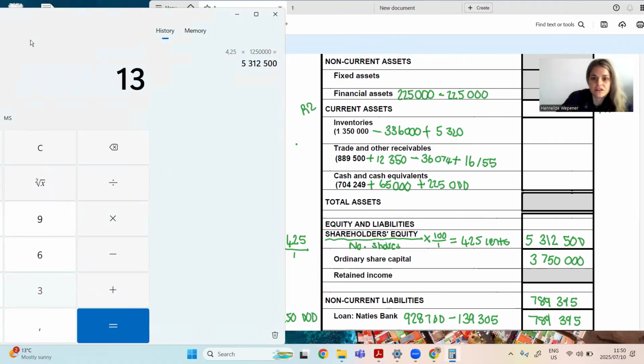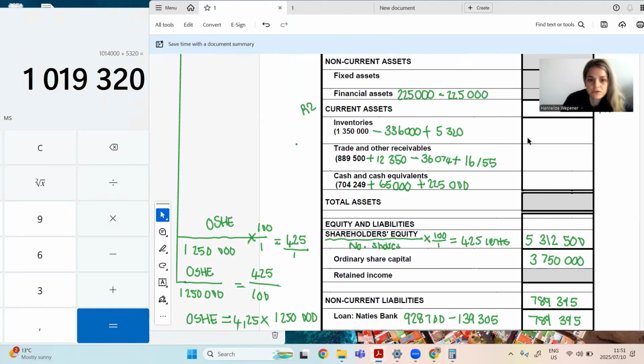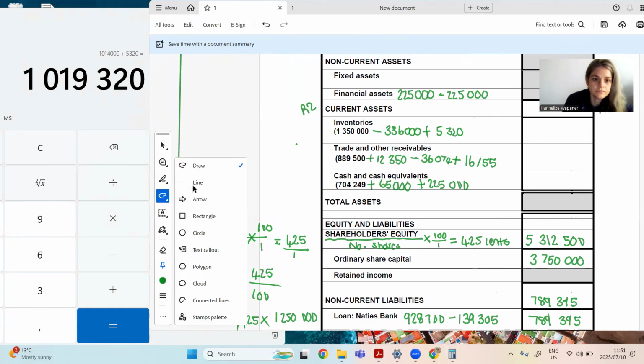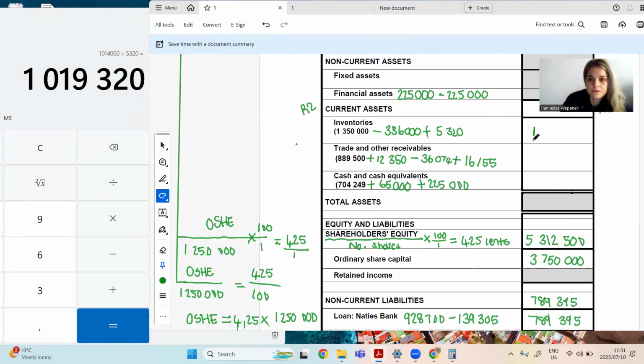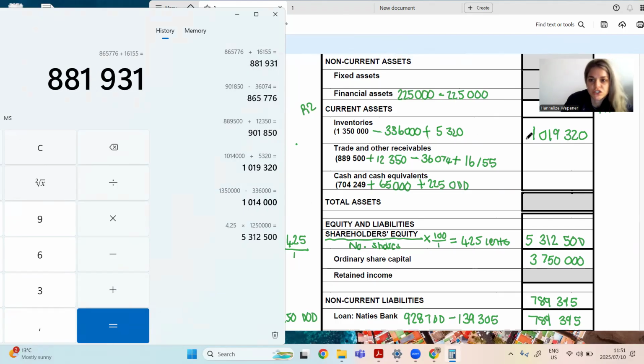So my inventories, I started with the amount as per the trial balance minus the double entry plus my consumables. So there we have that as 1,019,320. Then trade and other receivables. Add the creditors that we reclassified minus the provision for bad debts adjustment, plus the prepaid expense for insurance.